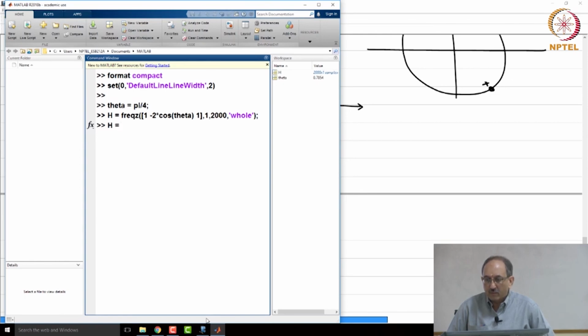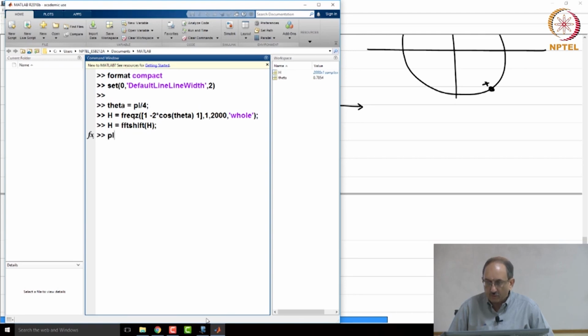This is the command called fftshift. What this does is, right now we have evaluated the response between 0 and 2 pi. This will help you plot the same response between minus pi and pi. So that's all this command does.